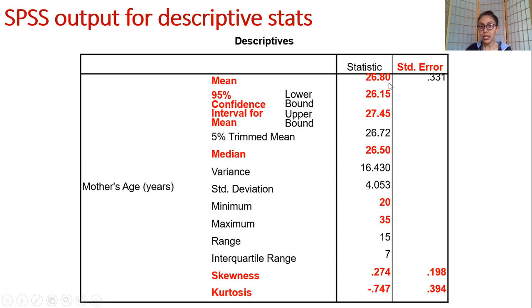Then you have the median, 26.50, and then you have the skewness and the kurtosis. Why am I highlighting all of this? Because in the coming slides, these values are of importance. I'll be using the mean value, median value, the skewness and the kurtosis value. I'll also be using the minimum and the maximum ranges. So the youngest mother in this sample was 20 years and the oldest mother was 35 years of age. Okay.